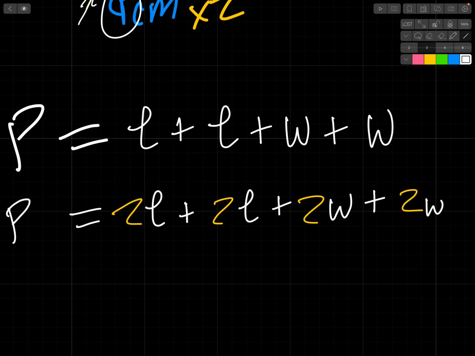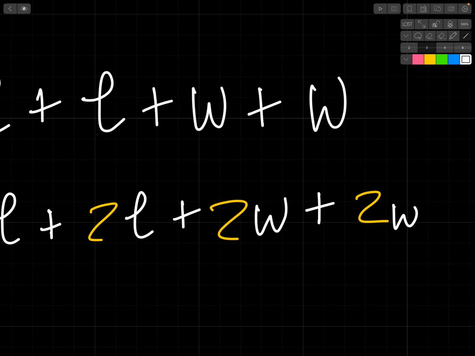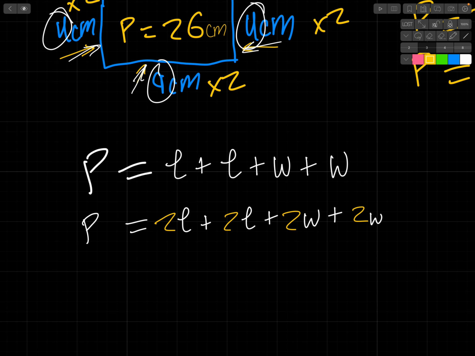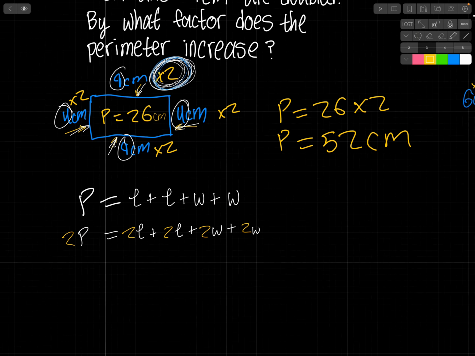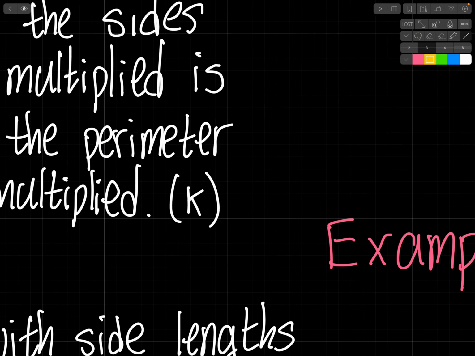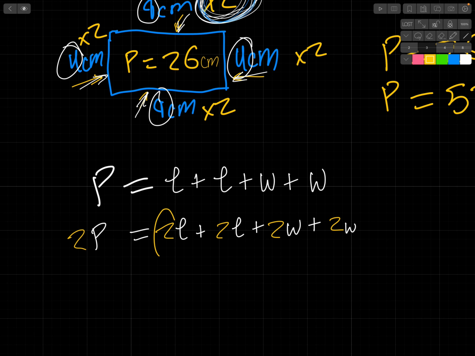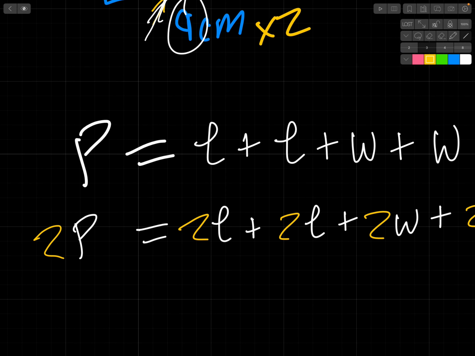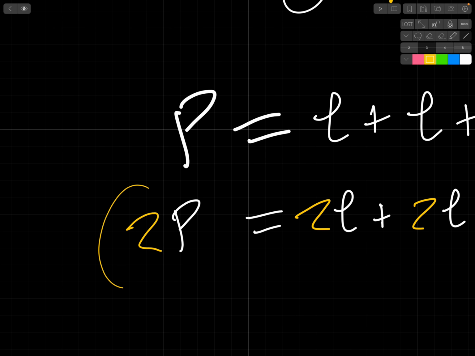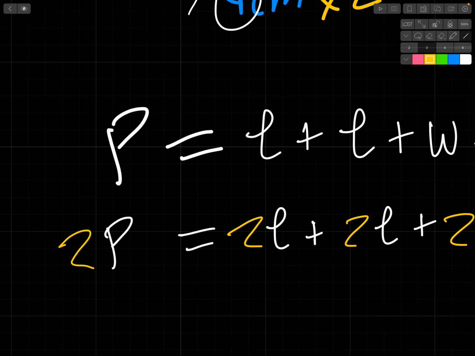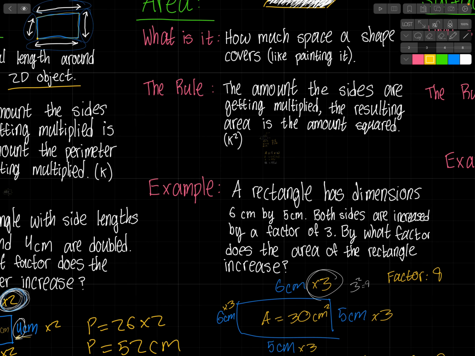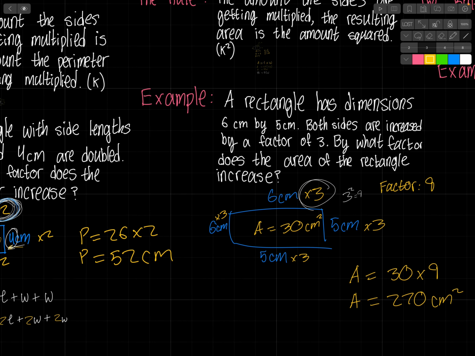So you see how these are all doubled. So that means the resulting perimeter will also be doubled. So that's why it's just k, because it just remains at 2, because the plus separates them. So the new perimeter will also be doubled. Same with tripled, quadrupled, any number.